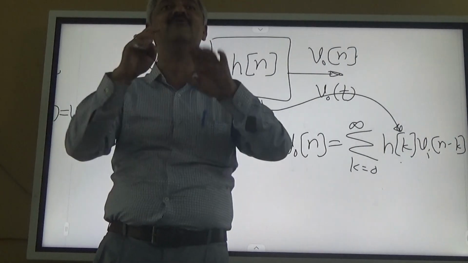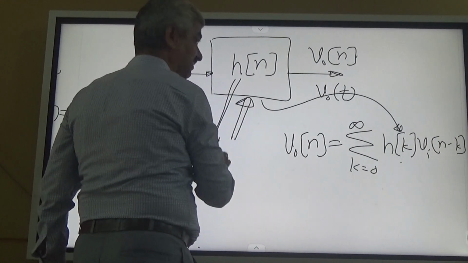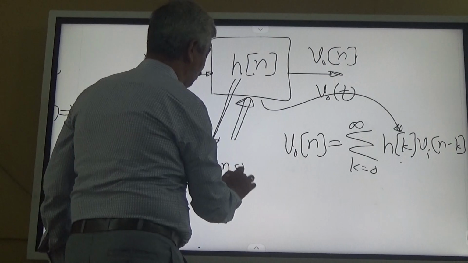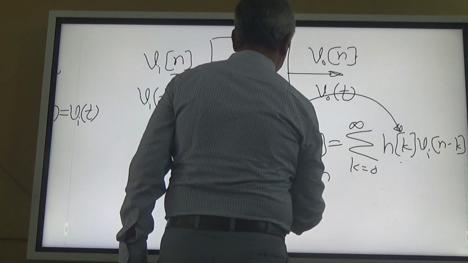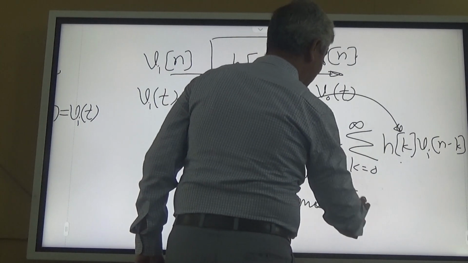Every system will have a different sequence. This is called the characteristic equation or transfer function sequence of the system.